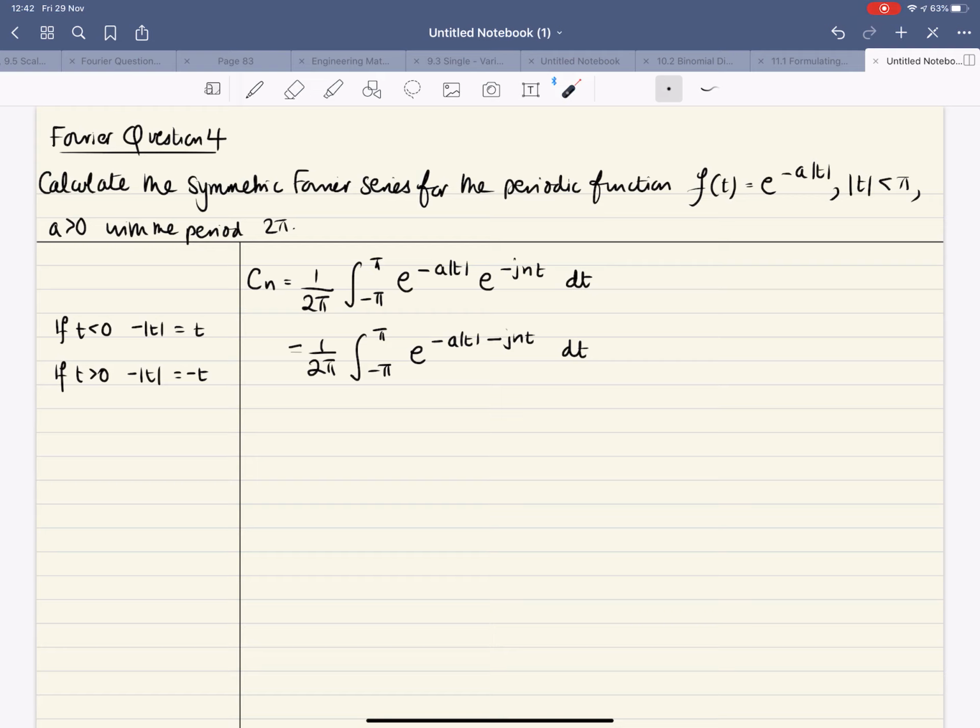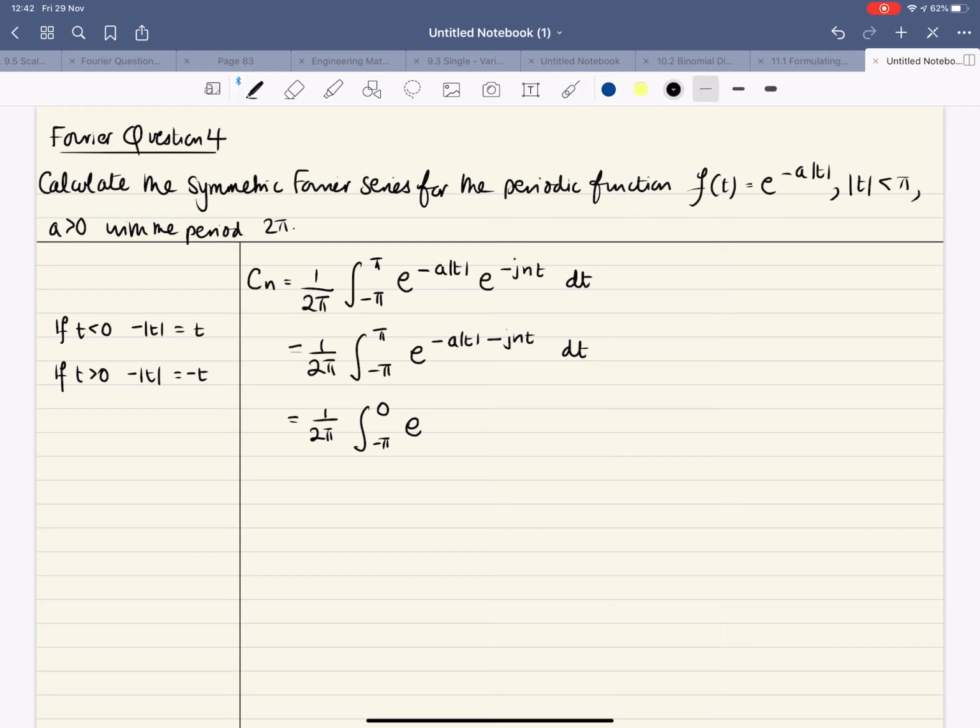So this integral can be split up into two bits, where t is negative and where t is positive. And that's what we do next. So it's 1 over 2 pi, from minus pi to 0, e to the, now here, t is negative, so this minus mod t is t.